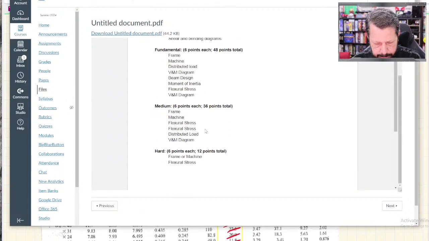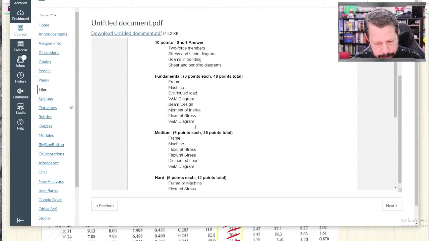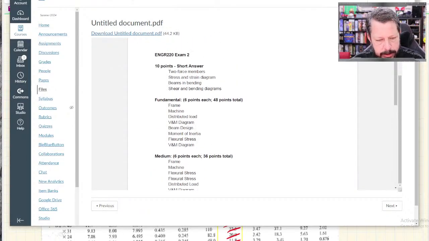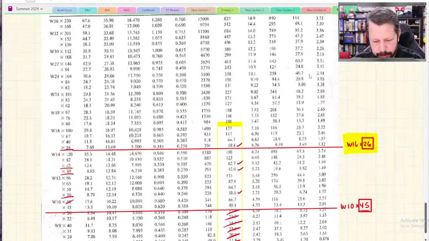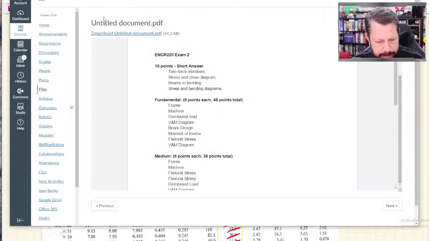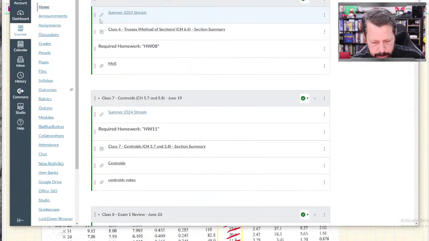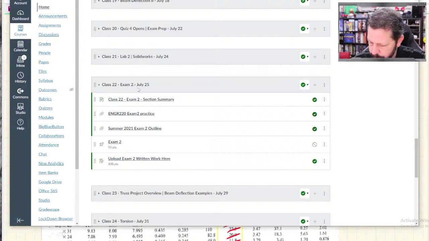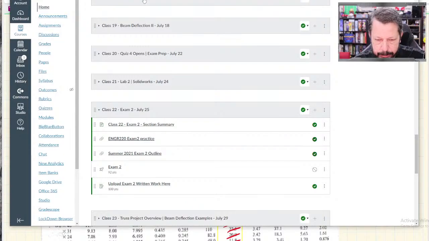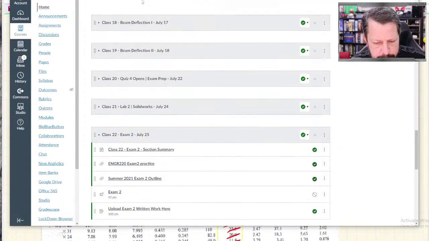No, it doesn't look like it, but that's a while back. So I'll have to make a decision if beam deflection is going to be on exam 2 or not. It could be that this is the last topic, but I think we have plenty of time between now and when the exam is. The exam is the 25th, so that's probably long enough to do at least a simple beam deflection on exam 2. I think that's fine. So I think we'll do beam deflection 1. That'll be on exam 2, and that'll be the last topic. Deflection 2 might show up on exam 3.